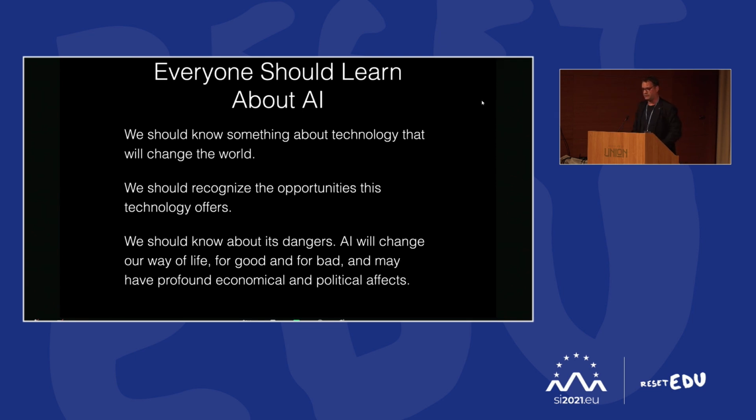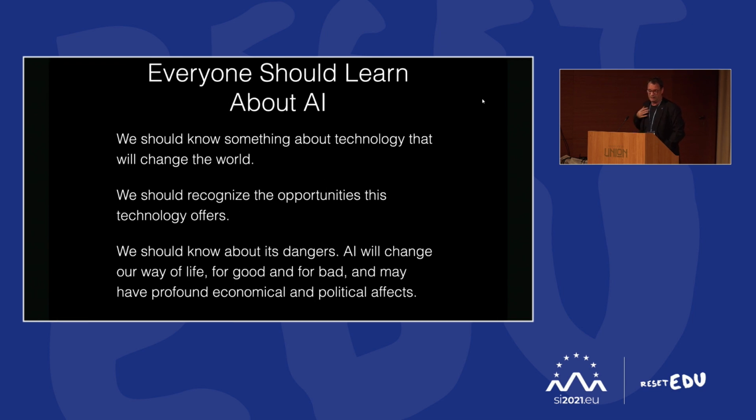But of course, there are also dangers of AI. I'm an AI researcher. I have done machine learning for over 25 years. This technology is also very dangerous, and it can not only affect all ways of life, it has profound economic and political effects. It affects our democracy as well. I would not like to go in this direction.